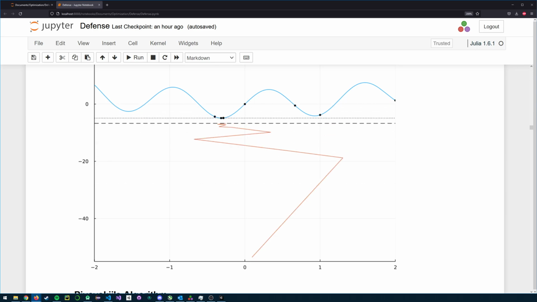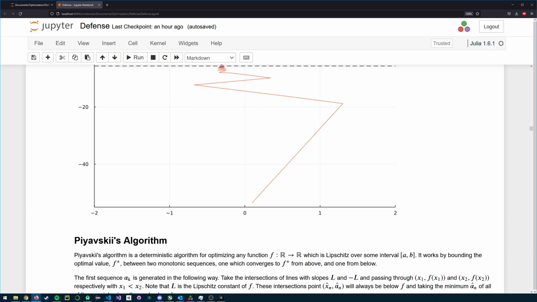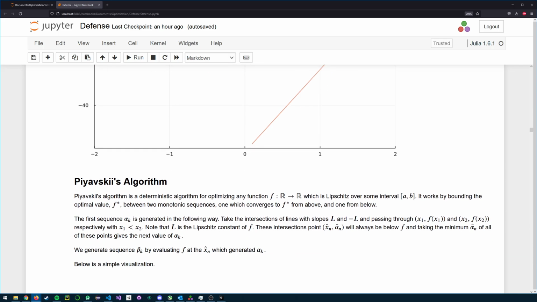So this gives rise to a bit more sophisticated of an algorithm, still for the R setting, only one-dimensional, but it's a lot more sophisticated. It's called Piyavskii's algorithm.